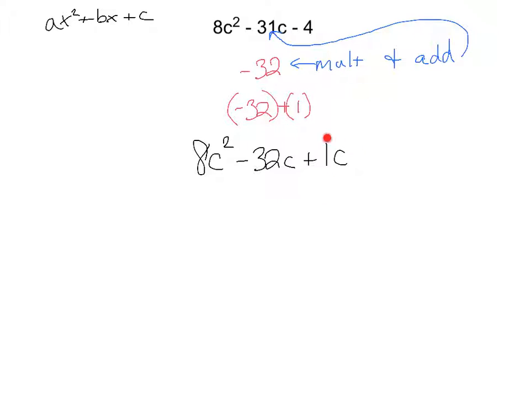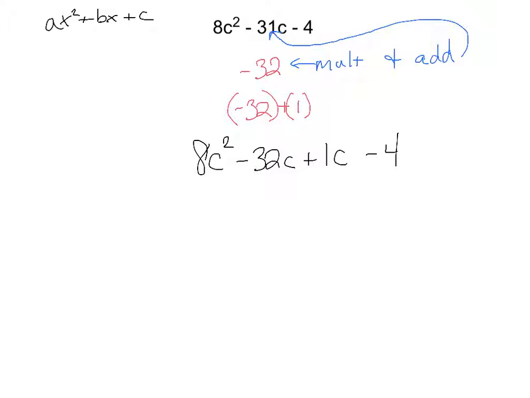You should be able to look at this and say, oh yeah, I would simplify that, and that would simplify to this right here. I'm just separating it out. The last term, the minus 4, still sits there. What you've managed to do is turn your trinomial into an equivalent polynomial with 4 terms.